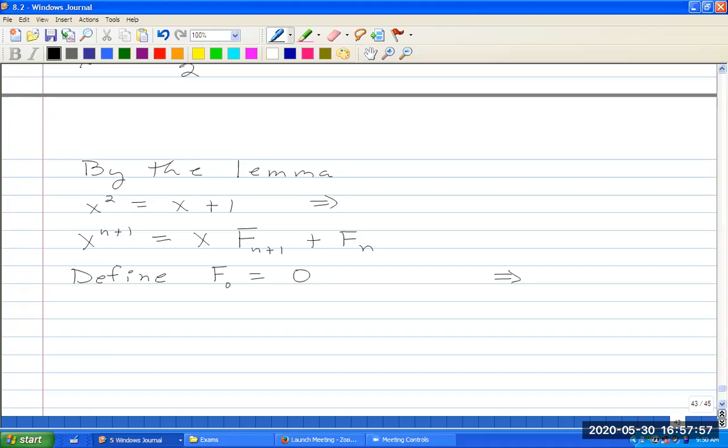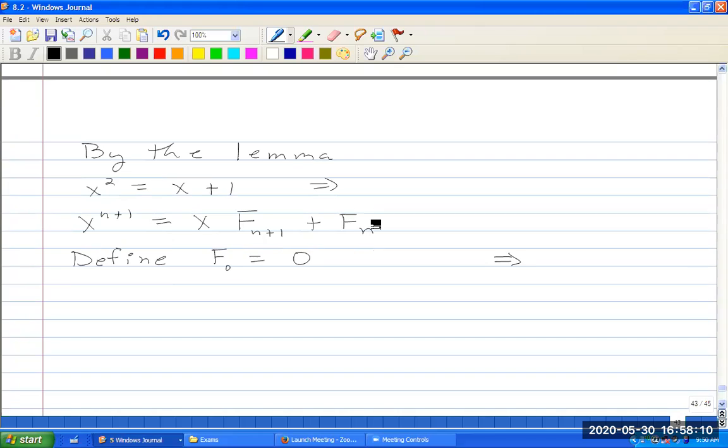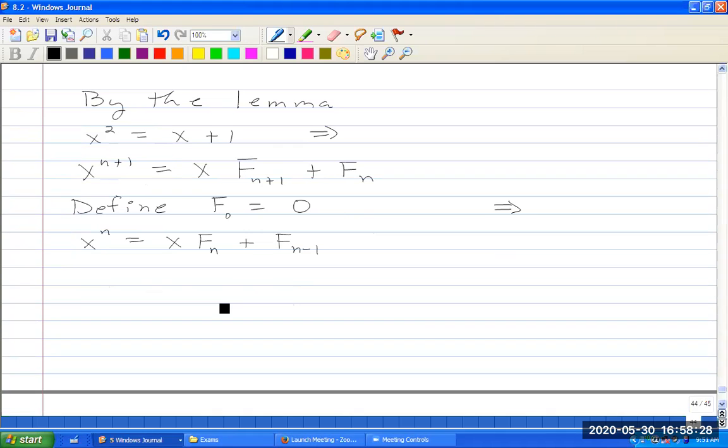So I could replace n plus 1 with n, minus 1 for any natural number n, and this will still be true. And so x to the n is equal to x f sub n plus f sub n minus 1. Well, we know that x is equal to this.